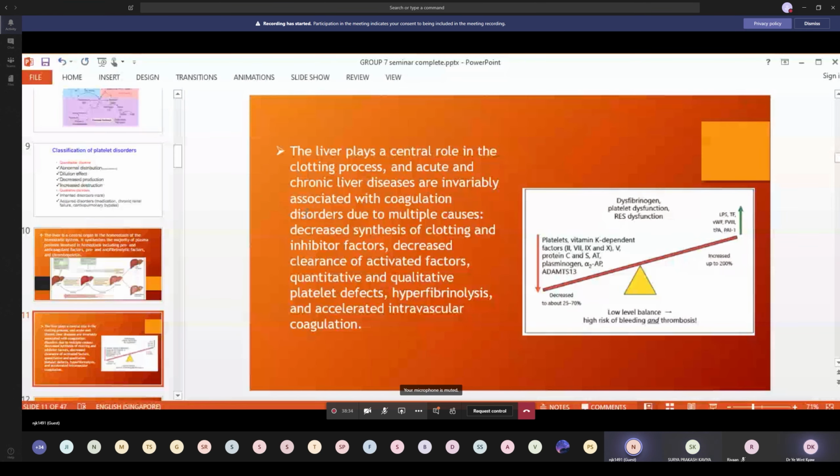Both acute and chronic liver disease are invariably associated with coagulation disorder, due to multiple clots and also decreased synthesis of clotting and inhibitor factors. There is also decreased clearance of activated factors, quantitative and qualitative defects, as I mentioned just now, hyperfibrinolysis, and accelerated intravascular coagulation. These are all the factors that cause the bleeding.